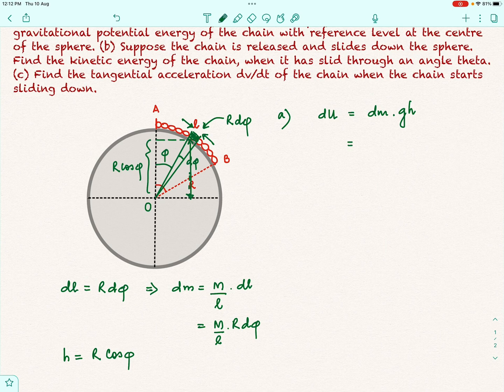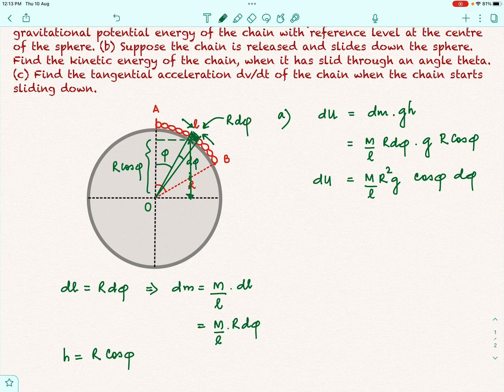Substitute the values. dm is nothing but m by L into r d phi, whereas h is equal to r cos phi. So we can now simplify this expression: m by L, and two r's, so r squared, and there is a g also, and then we are left with cos phi d phi. This is the small potential energy dU of this small portion of the chain.